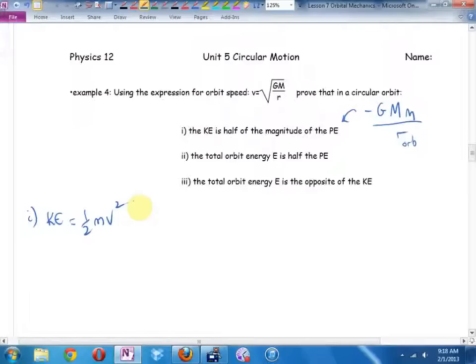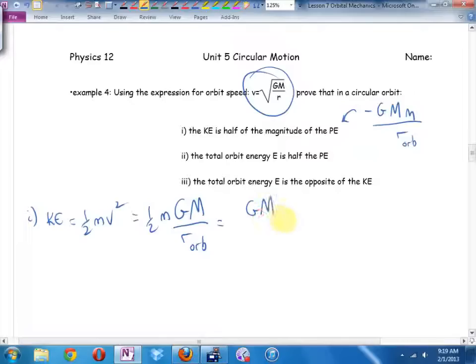If we replace the v squared with that thing, oh, and this is kind of nice because if I square the v, the square root vanishes. We get a half little m big G big M over R orbit. And if I take that little m in the front and tack it onto the end where we're used to seeing it, we get big G, big M, little m over R orbit with a half in front, which is half of the magnitude of the potential energy. It's positive where the other one is negative, but that's why I said half of the magnitude.